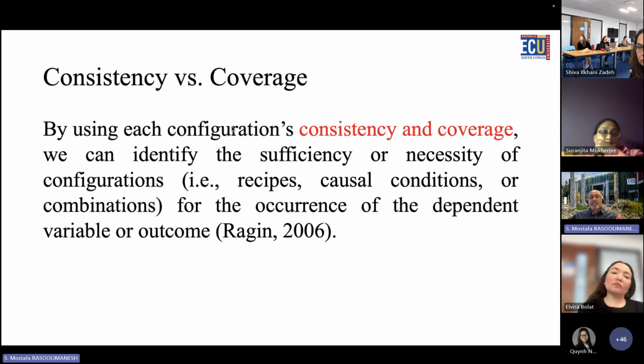So based on some threshold, we can compare the value of consistency to the threshold and say, okay, this configuration is sufficient to create the outcome or is not, or is necessary or is not.